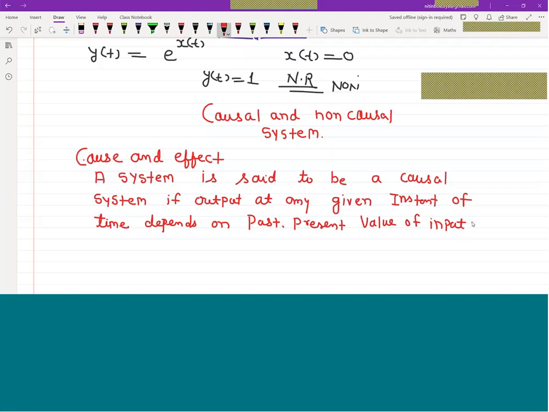What we can say, output at any instant of time depends on past or present value of input, then the system is said to be a causal system.